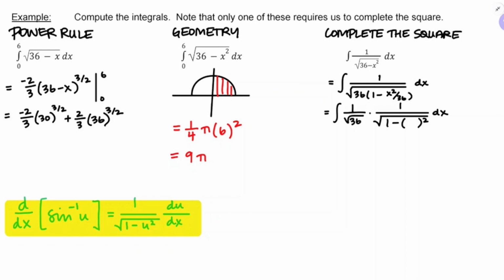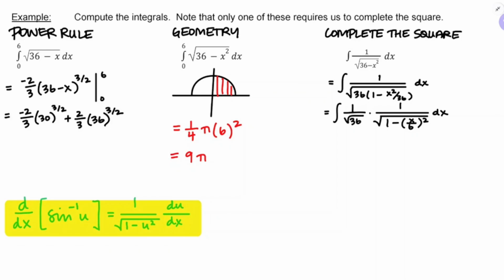But I would be wise to write x squared over 36 as the square of something, and I can do that. That's the square of x divided by 6. So I'm going to have 1 minus (x divided by 6) squared. This is all looking good, and now I'm going to rewrite again and set up for a u substitution, just so I can show you all the steps, because the thing with the 6's here is very subtle.